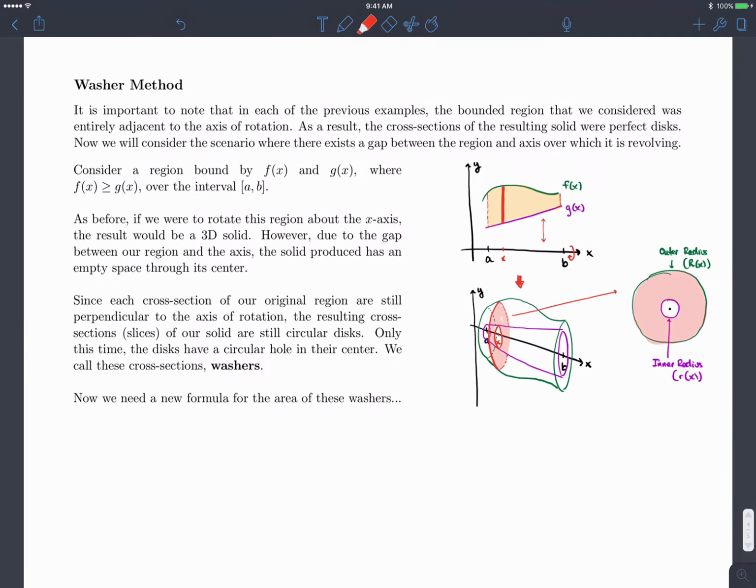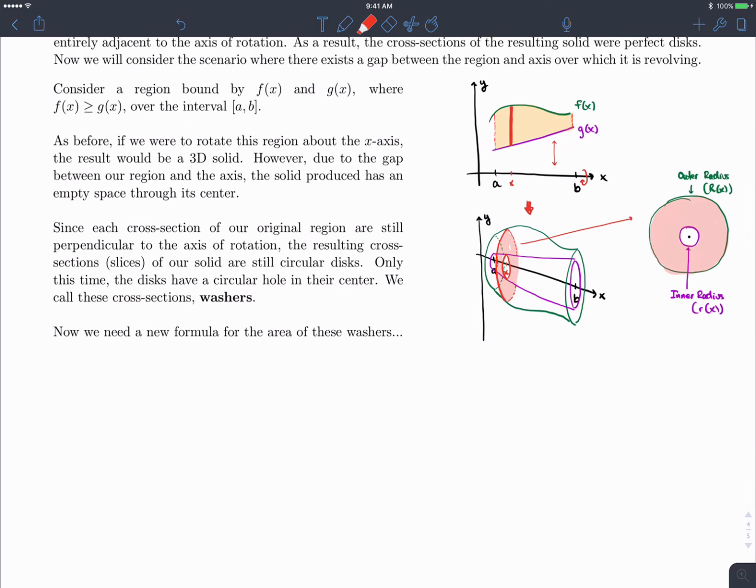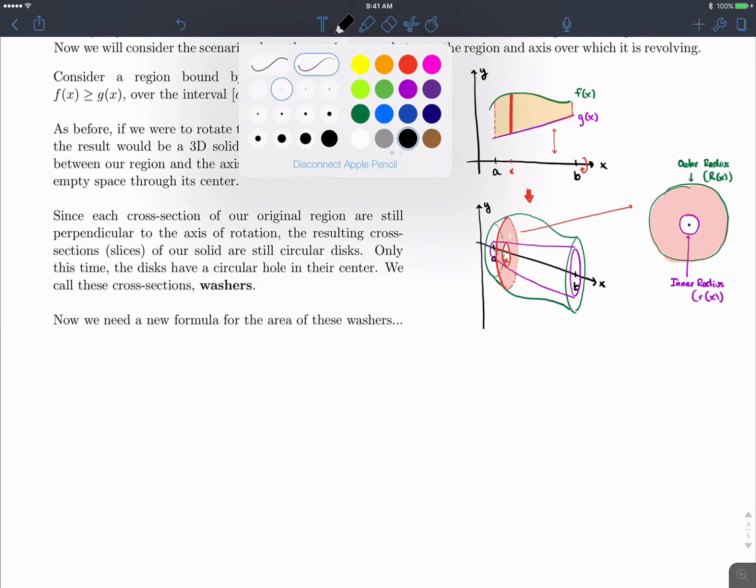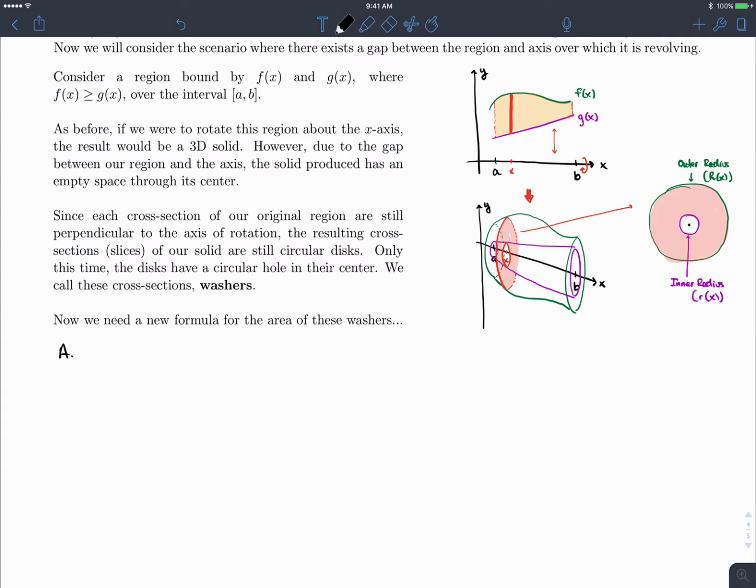So with this in mind, to find the area of a washer, it's going to be the area with the outer radius, and then we subtract the area that would have been generated from the inner radius.